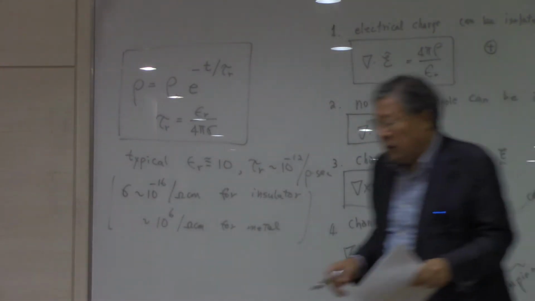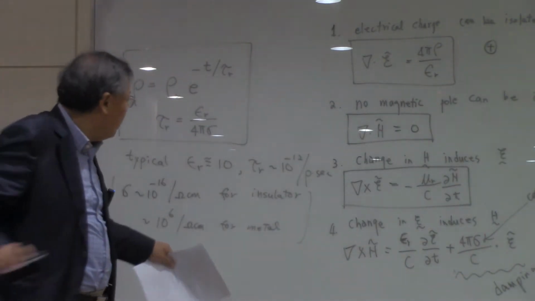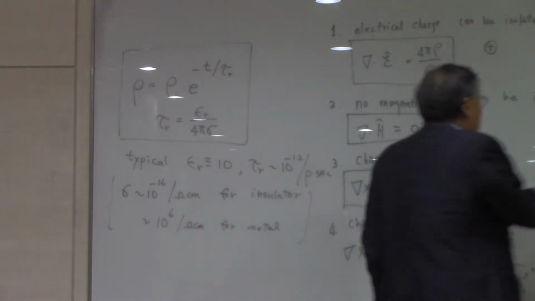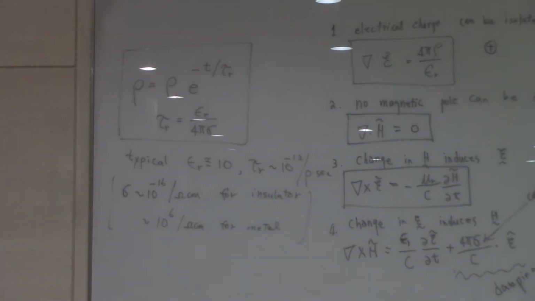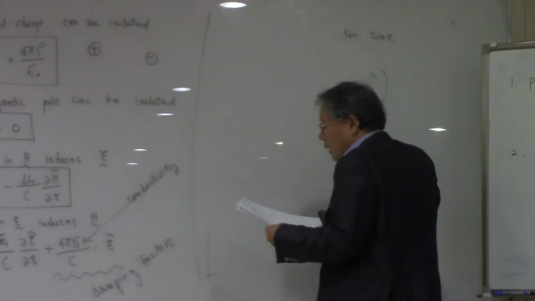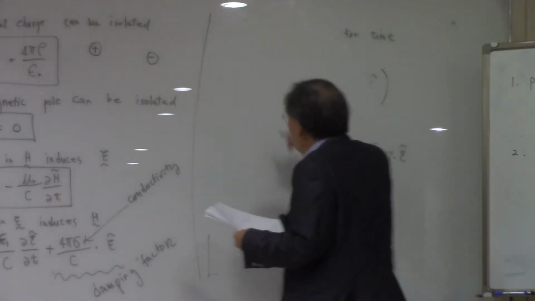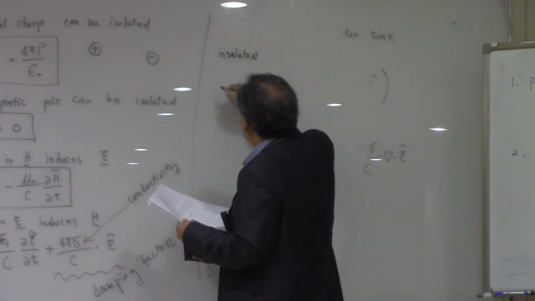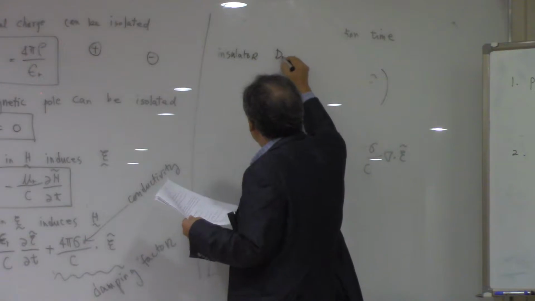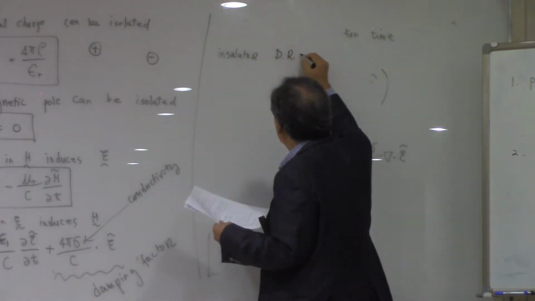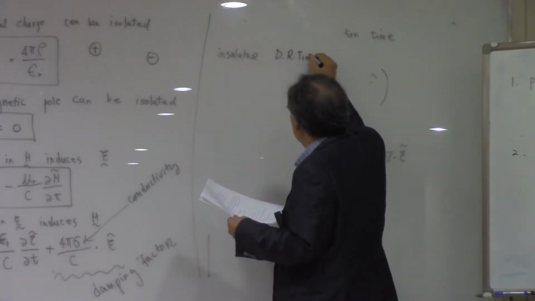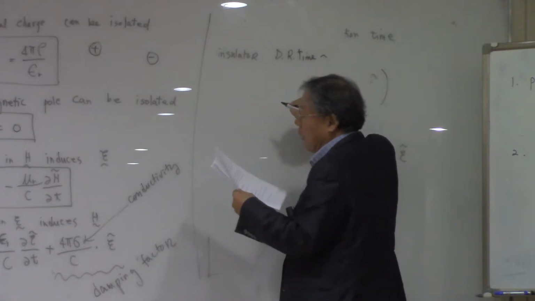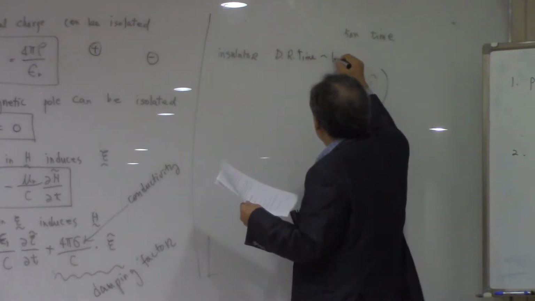You can see that if you put these numbers in, in the insulator case, the dielectric relaxation time is around 1,000 seconds.